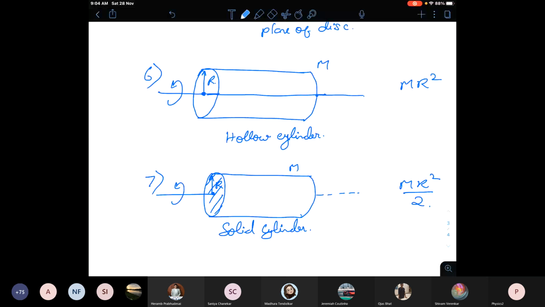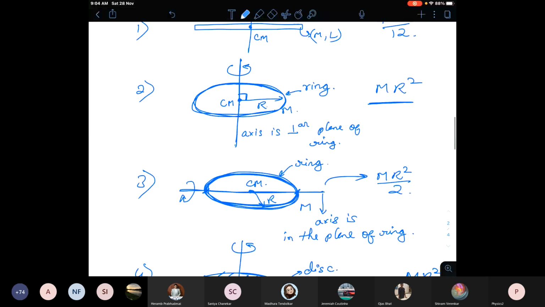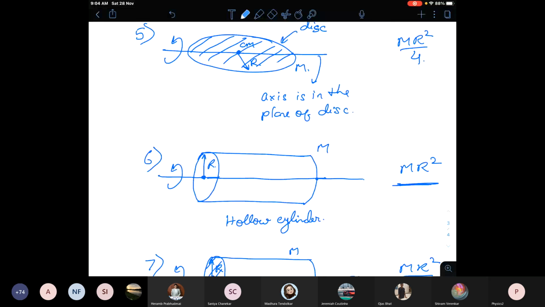The moment of inertia of the ring about its perpendicular axis is mr square, and that of the hollow cylinder is also mr square. So ring and hollow cylinder both have the same moment of inertia, mr square.